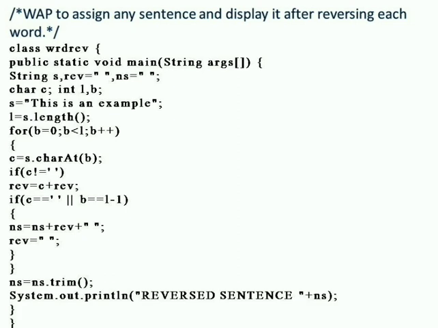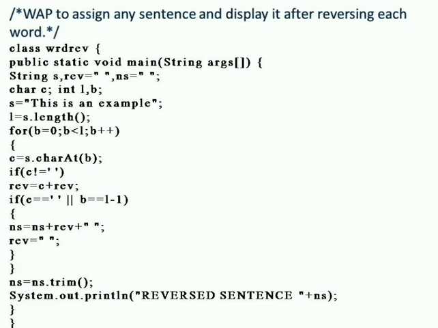So the previous word which was there already in rev is removed from it and again initialized with a blank space. Now, after finishing the for loop, we will trim ns. Why? Because in ns from the beginning we have a blank space, and when we join a reversed word with ns, after that reversed word also we have added one blank space.